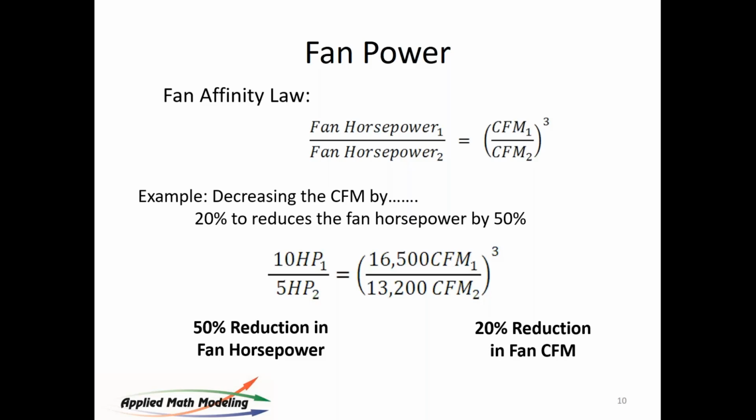In other words, in the reduction case, if you slow the fans down by, say, 20% in fan speed, you're going to see a 50% reduction in fan horsepower. It's a cubic relationship. This is very important because you can save an awful lot of money by slowing the fans down, and that's what you do with variable speed fans. You can do it in pumps as well. Pumps are becoming, everything's becoming variable in this business today because of the energy savings associated with this fan law.